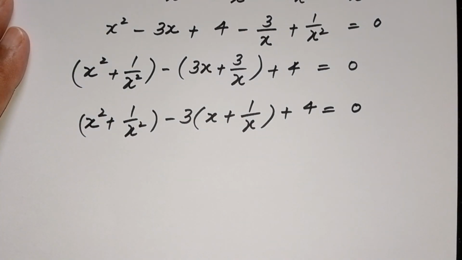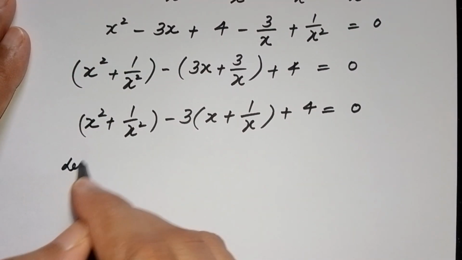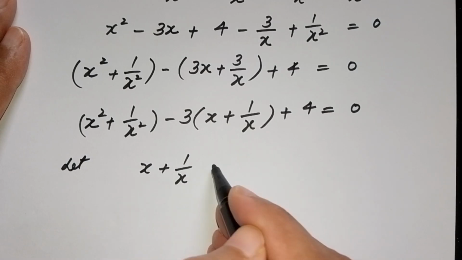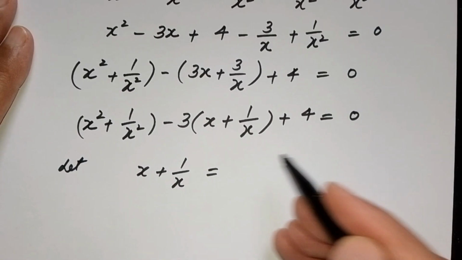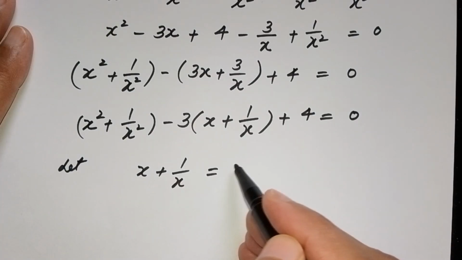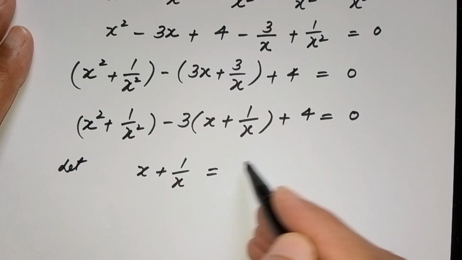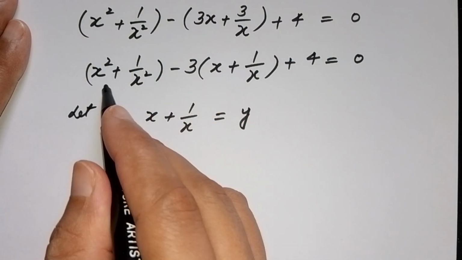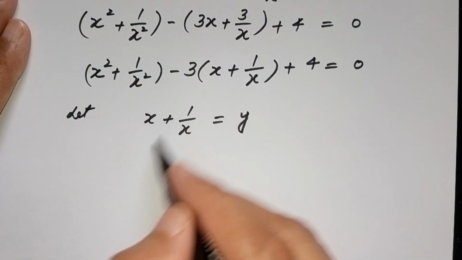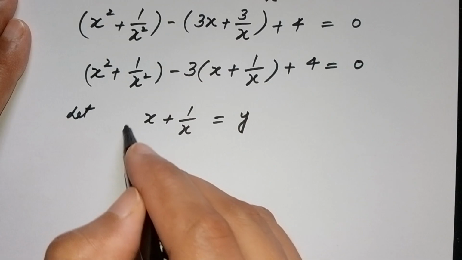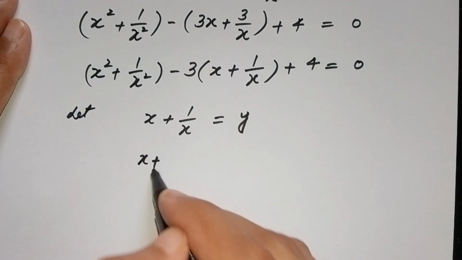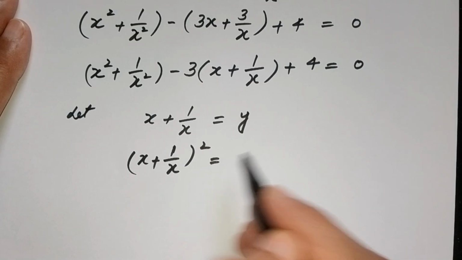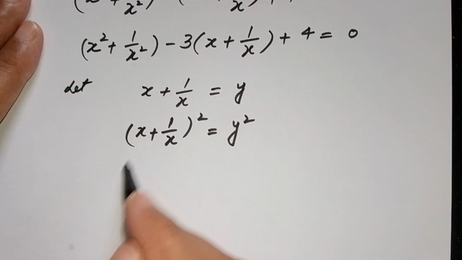So here we can make our substitution. Let x plus 1 over x be equal to y. Now if we take the square on both sides, we will get (x plus 1 over x) whole square is equal to y^2.